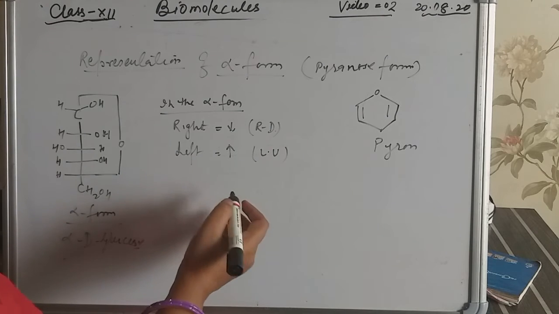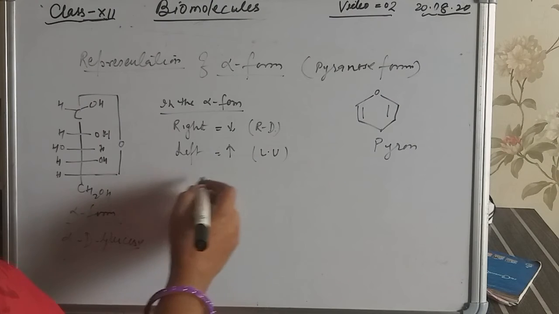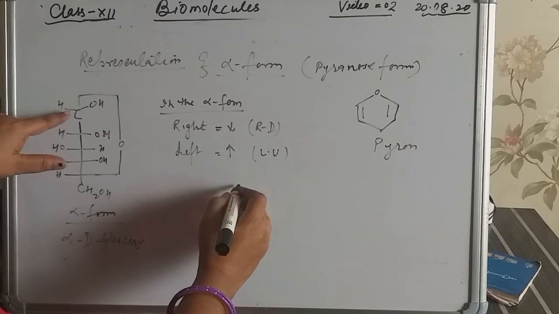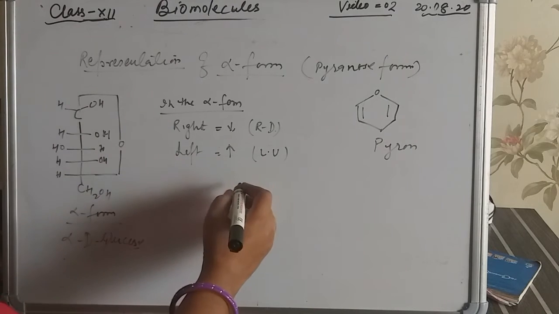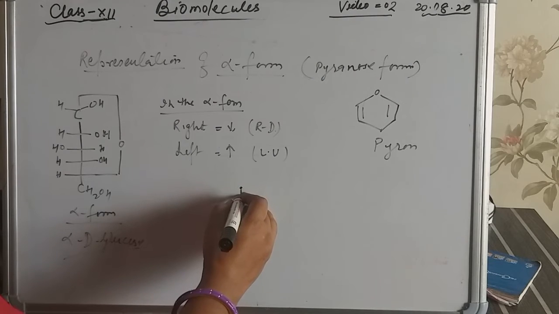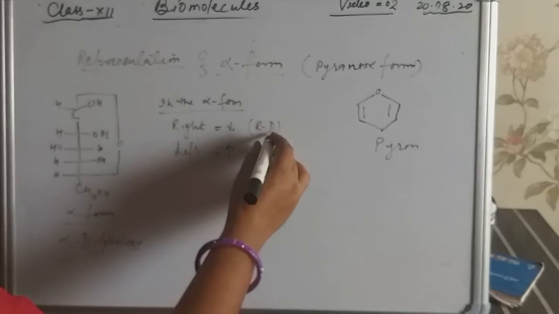Number 1, 2, 3, 4 like this. Number 1 C, with OH on the right side, so OH right down.